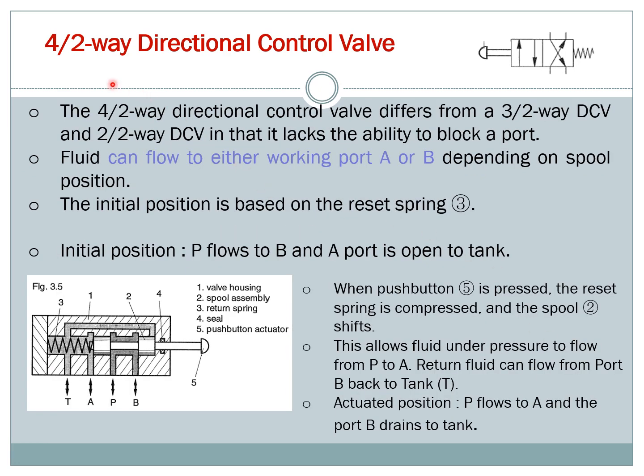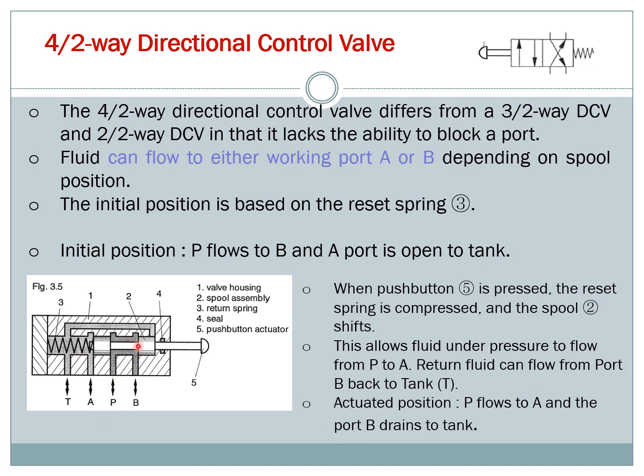So if you see the 4/2 direction control valve, it is a bit different from the 3/2 directional control valve and the 2/2 way directional control valve. The only difference is that it lacks the ability to block a port, meaning it just switches ports. Okay, so you cannot block the pressure port.